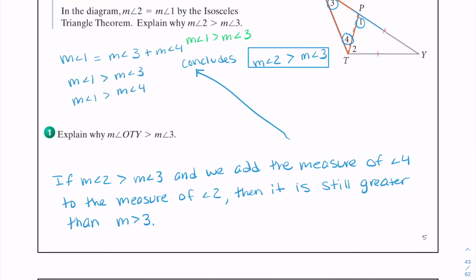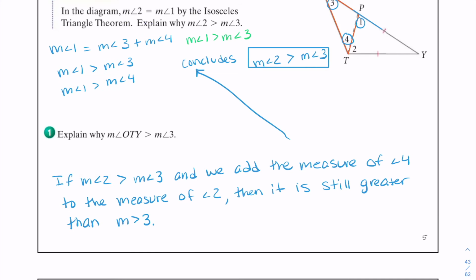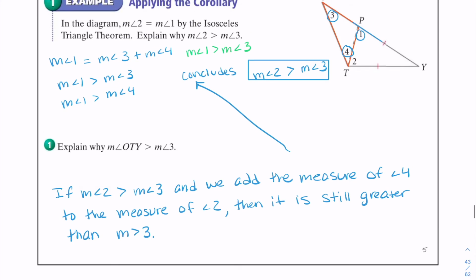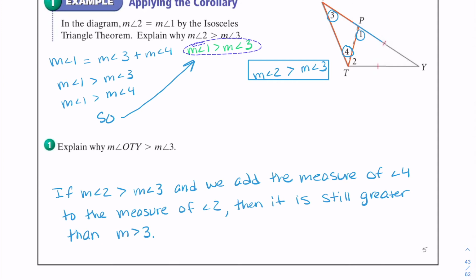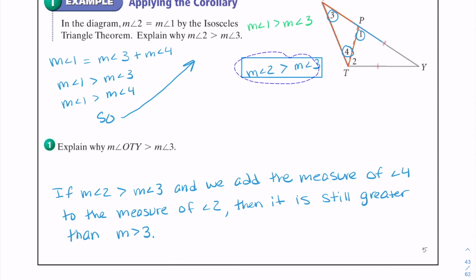So let me move this around because this is kind of messy. So that concludes. Oh wait, that's something different. The measure of angle 1 equals the measure of angle 3 and 4.